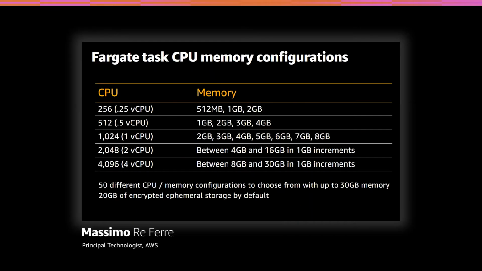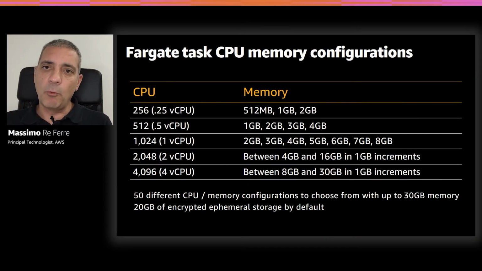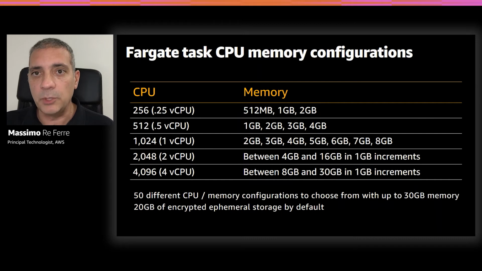Last slide on Fargate and the mechanics of Fargate. The way that Fargate works in terms of the sizing of the task is that there are a number of SKUs and combinations that you can put together in terms of CPU capacity and memory capacity. Remember when I said that batch jobs tend to have a high memory to vCPU ratio?